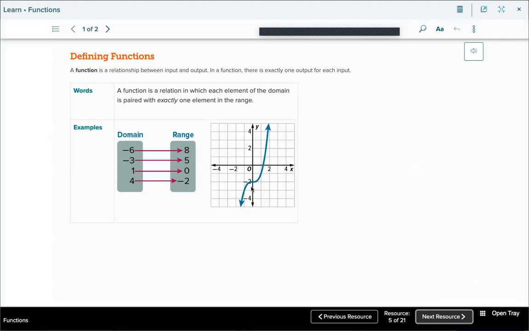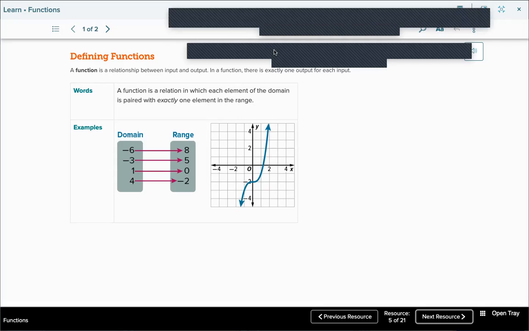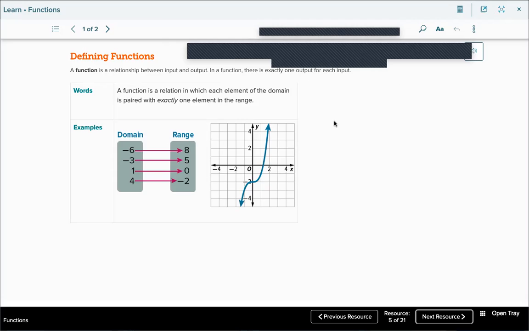Where it says, look at our domain. We did this in 3.1, our domain and our range. So now we're seeing a mapping and a graph of the function. Remember, a function is a relation in which each element of the domain is paired with exactly one element of the range, okay? Exactly one element.